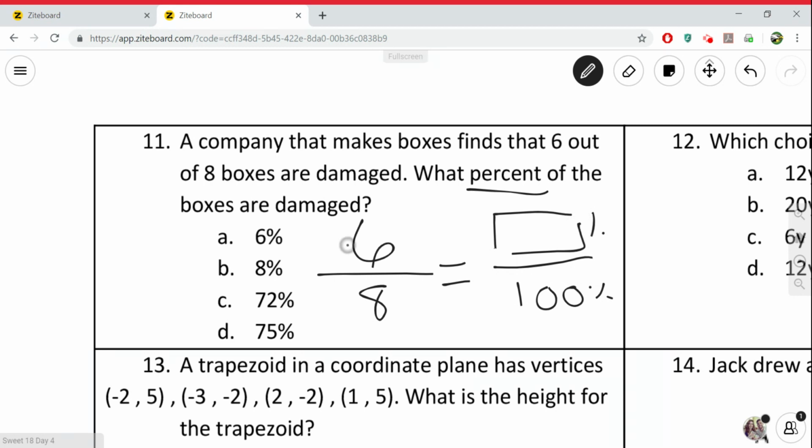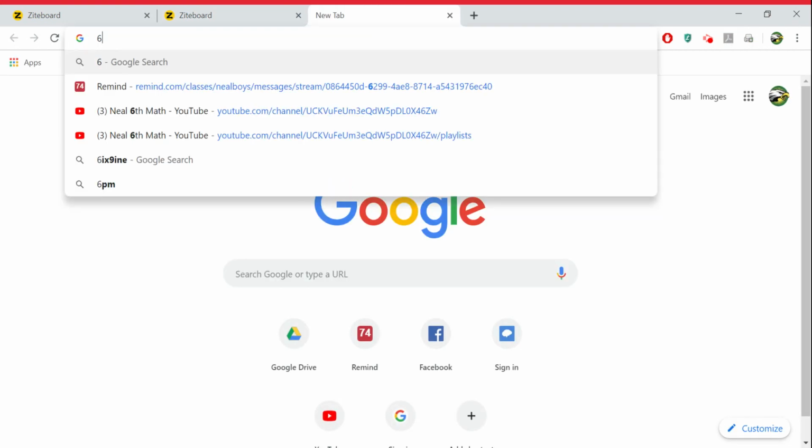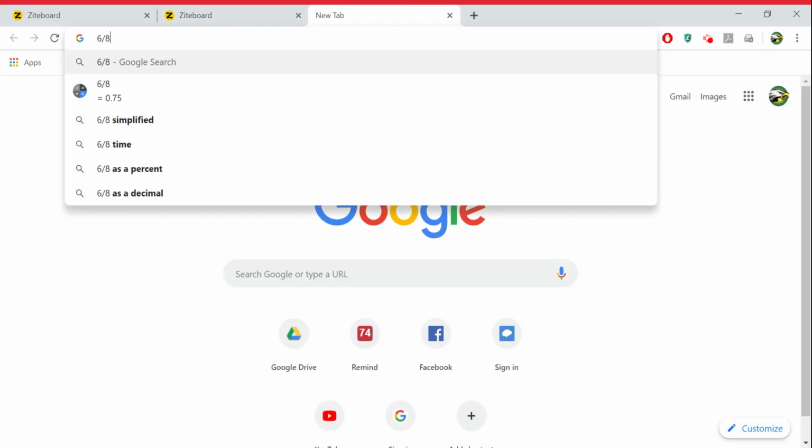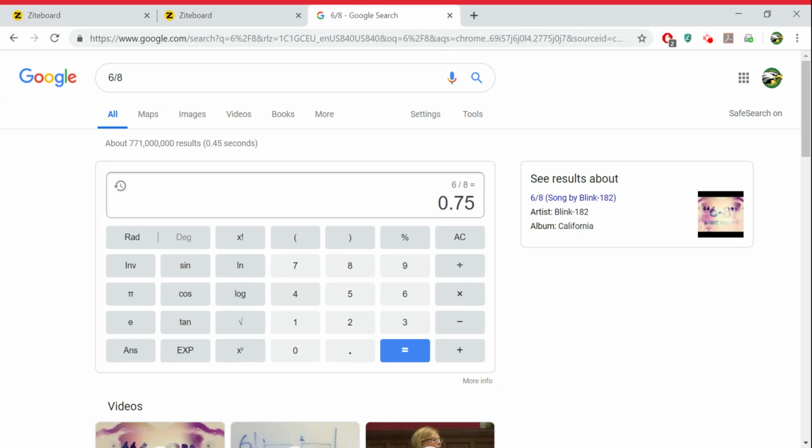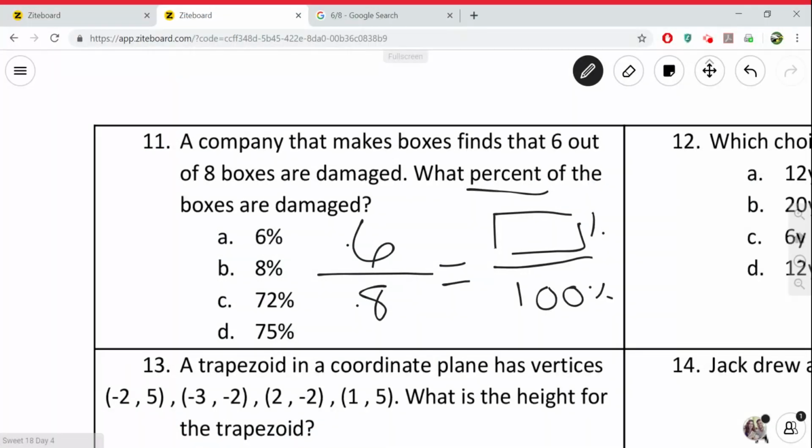And so if I take 6 and divide by 8 using a calculator, I'm going to end up with 0.75. So take 6 divided by 8, that's 0.75, but then we divided going down, my arrow, and so we need to go the opposite direction to get back to our box.